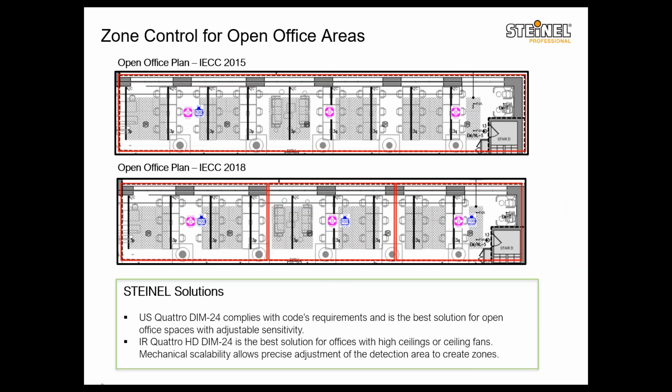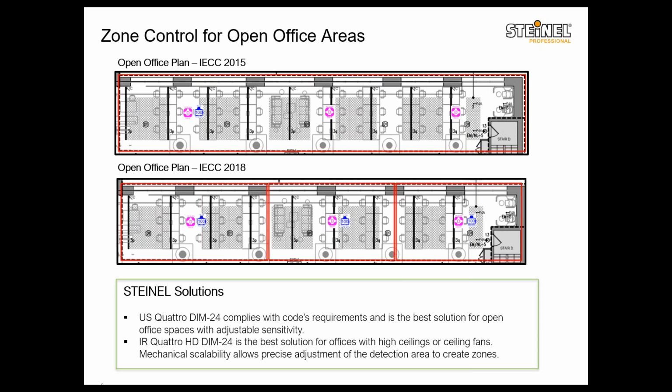So as you can see, we have the same office space at the top and at the bottom here. At the top, I have shown how you can meet the code as per IECC 2015 in the same area, compared to the bottom layout, which shows the same office as per IECC 2018. As per IECC 2015, for such an area, you have to put enough sensors to provide enough coverage.